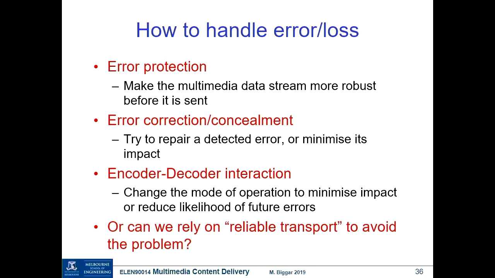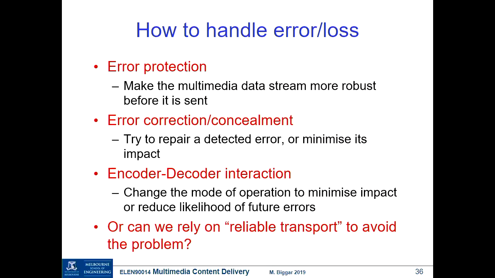And we also shouldn't just dismiss the possibility of relying on reliable transport. Poor choice of words, but we're assuming in these first 3 dot points that the errors will occur and they can't be avoided by, for instance, using TCP reliable transmission.